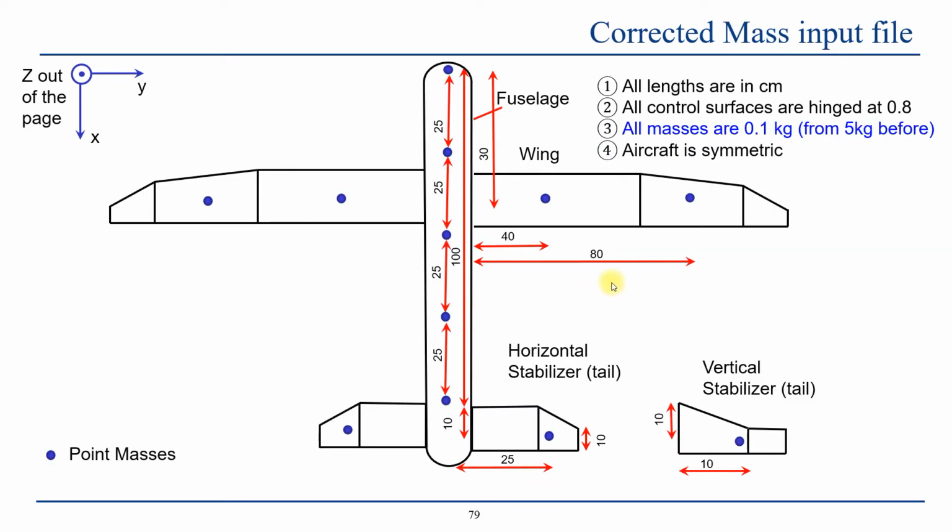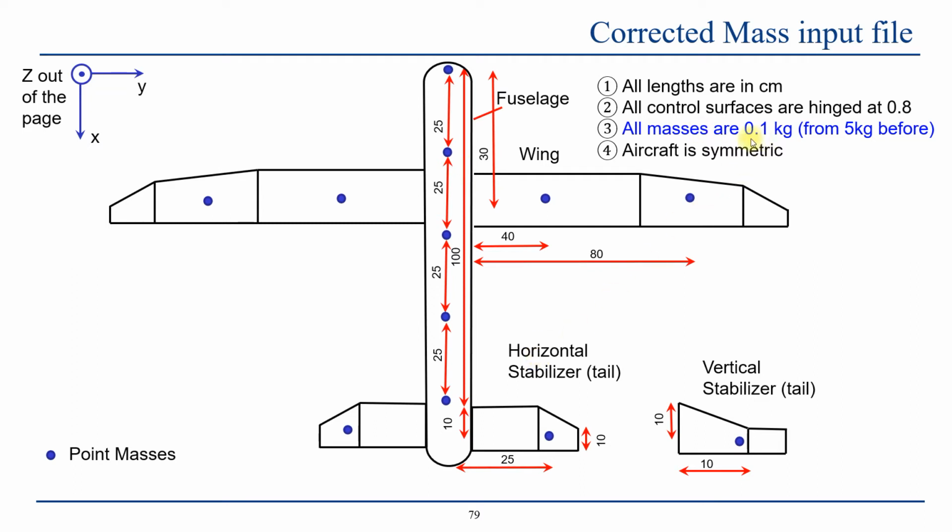Additionally, I went back and updated the mass file and I reduced the mass from each point mass having 5 kilograms to only 0.1 kilogram, because otherwise it would be a very heavy aircraft and we wanted it to be simpler and easier to maneuver. So I reduced this as well. You can check with various point mass values to see what gives you a better result if you are going to work with this design.